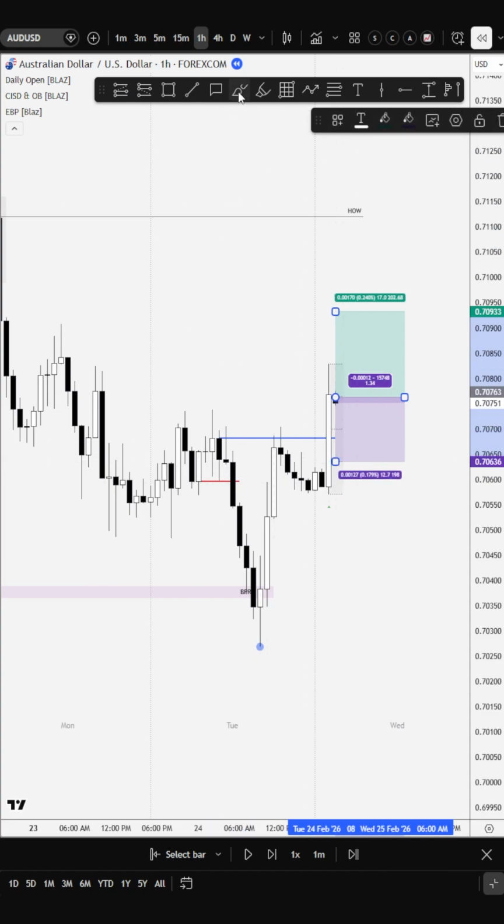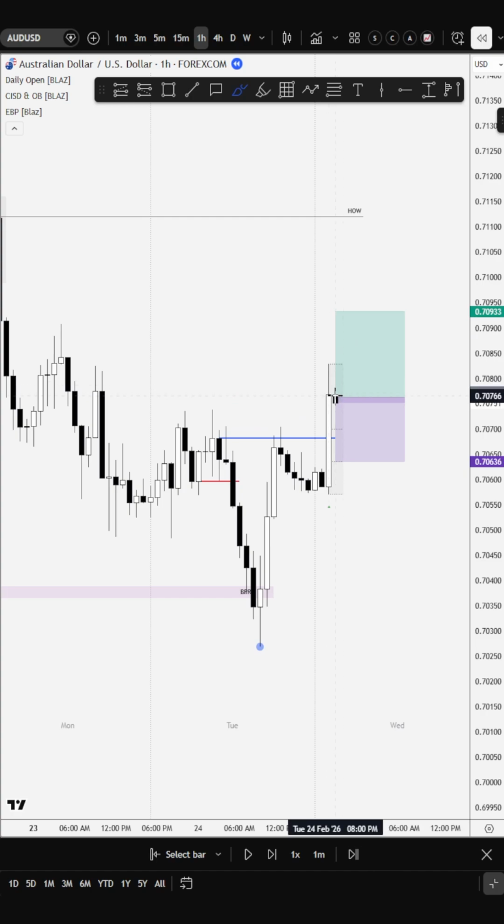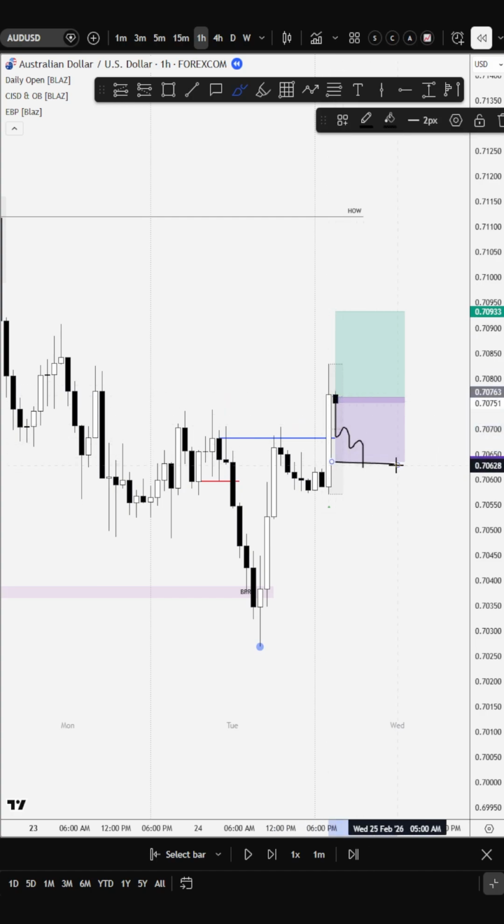The reason being is that if price managed to get all the way down to the 75% retracement of the EBP, it is more likely for price to take the low before it starts going higher, or this will just invalidate this EBP and price would just continue going lower.